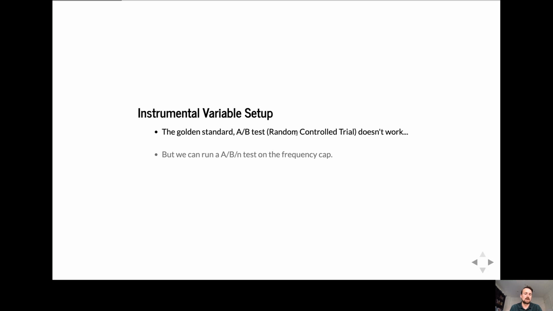However, what we can do is run an experiment, an A/B test, on the frequency cap. So we can make a random split across all the users, and without the user knowing it, have a different maximum amount of impressions a user can get. And actually, this makes a perfect instrument, which I will be showing you why on the next slide.